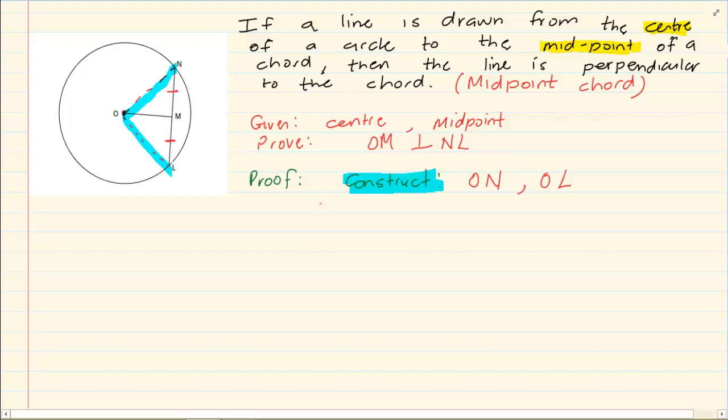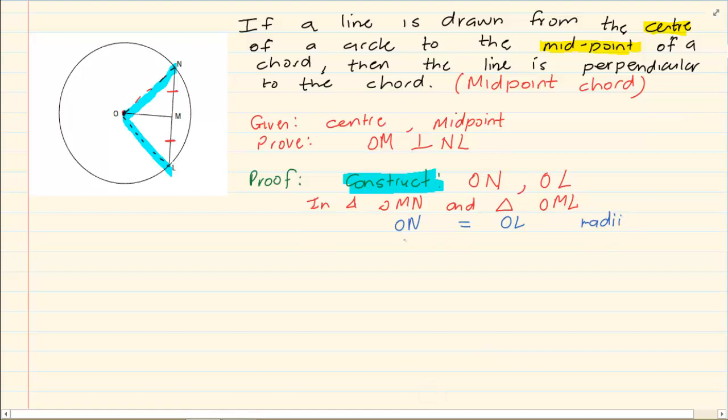If we take triangle OMN and triangle OML, what do we have the same? Number one, we have that ON is equal to OL. Why? They are both radii.